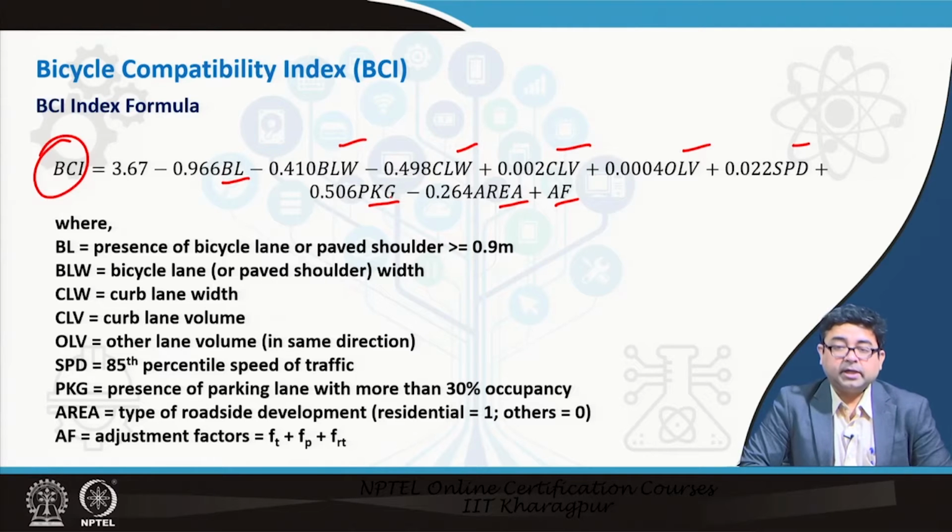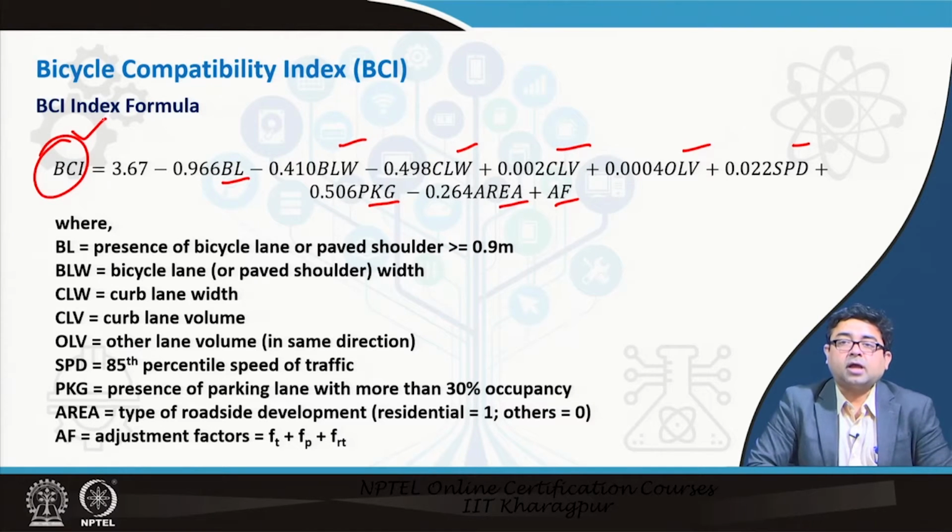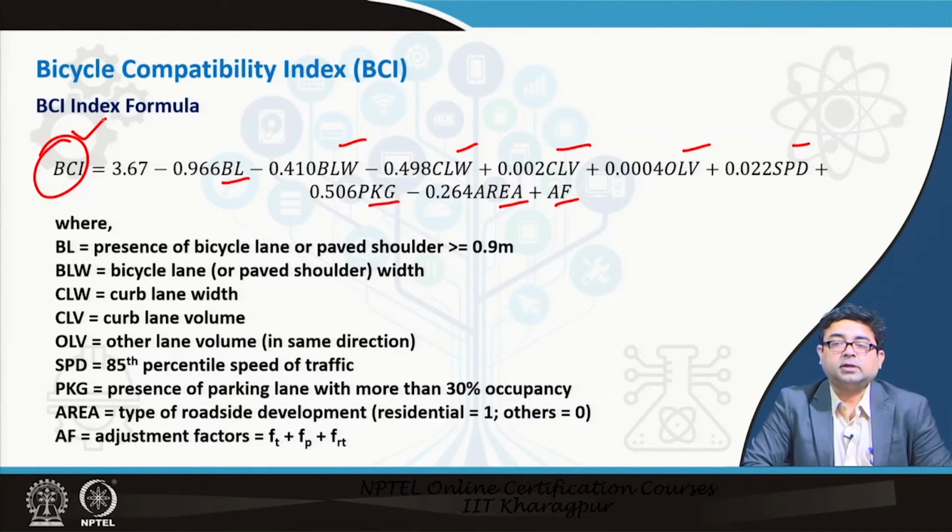The model is a linear multiple regression model that gives you this compatibility index, which in turn determines how good the comfort level of the bicyclist is when he or she is riding the bicycle on the roadway, on the pavement or on the street shared with other types of motorized vehicles.